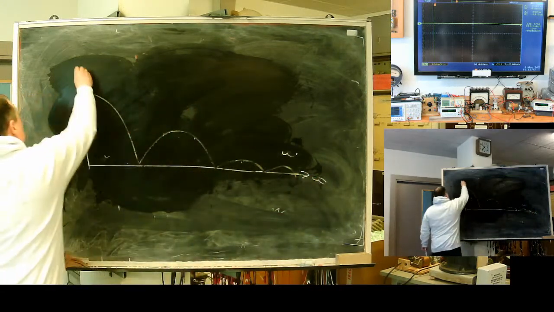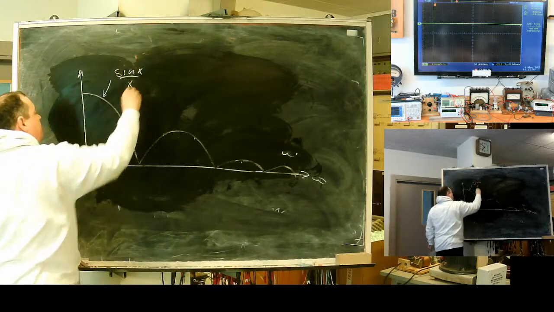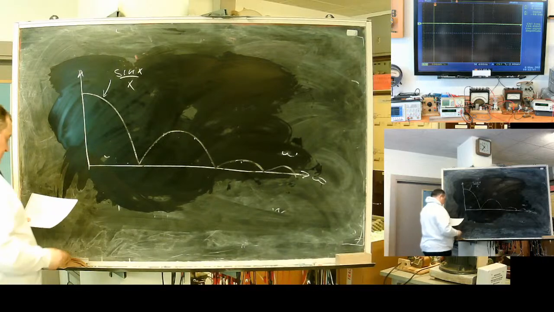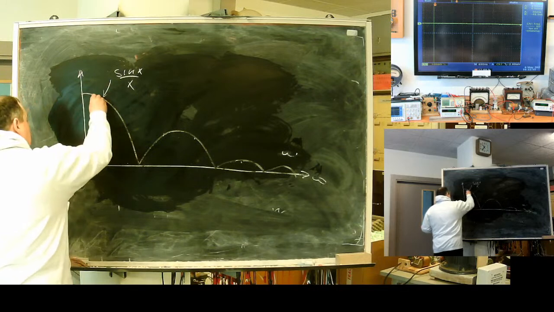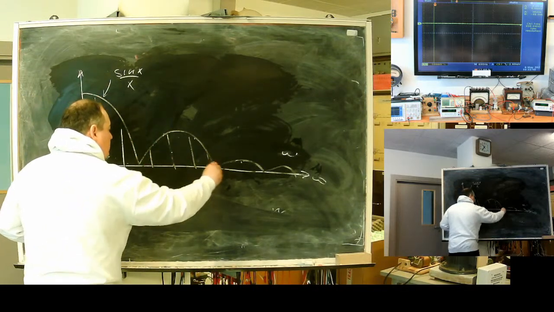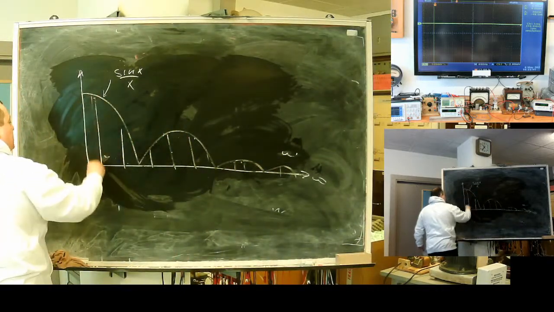Decaying line, this line is something like sine x divided by x. A set of decaying waves, and inside there will be a kind of triplets.